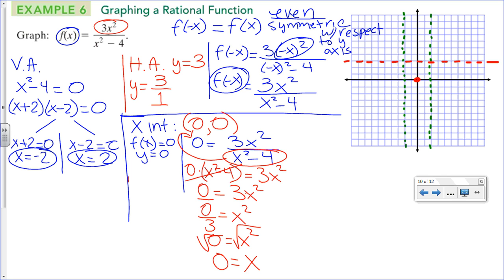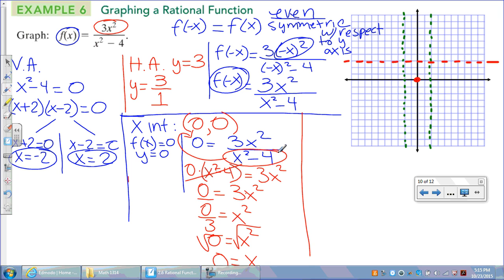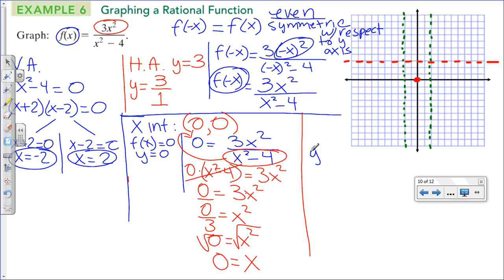Now, the good news here will be that the x-intercept is also the y-intercept. But just to make sure, let's see if this is true. So for us to find the y-intercept, what we need to do is let x equal 0, or in other words, you find f of 0.